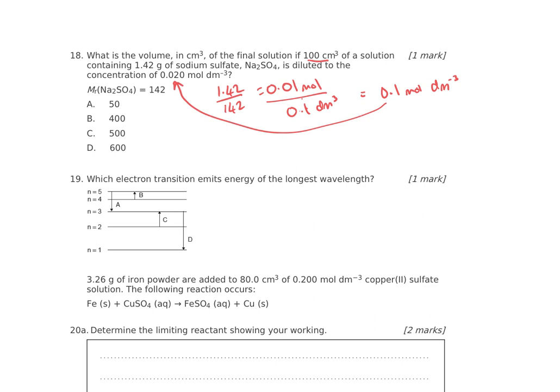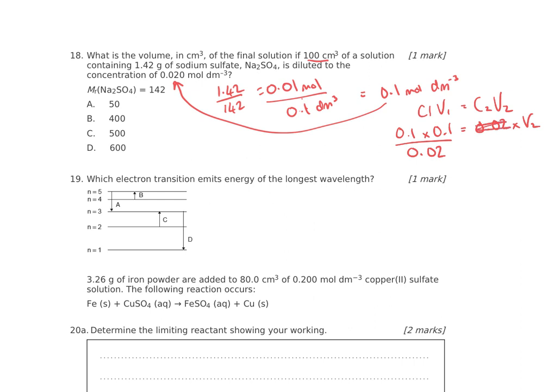There's a couple of ways you can do this. I'm going to do C1V1 equals C2V2. So my initial concentration is 0.1. My initial volume was 0.1. My final concentration I want is 0.02, and my volume is what I don't know, so that's going to be divided by 0.02.